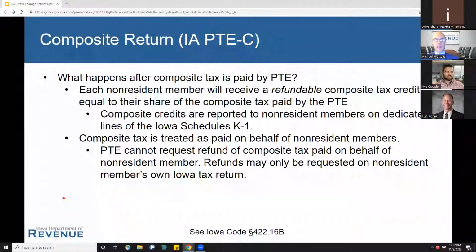Once those composite tax amounts are paid to the state of Iowa, they are treated as paid on behalf of the non-resident members. And what this really means is the pass-through entity cannot then request a refund of the composite tax paid on their non-resident member's behalf. Those refunds may only be requested by the non-resident member on their own Iowa income tax return.